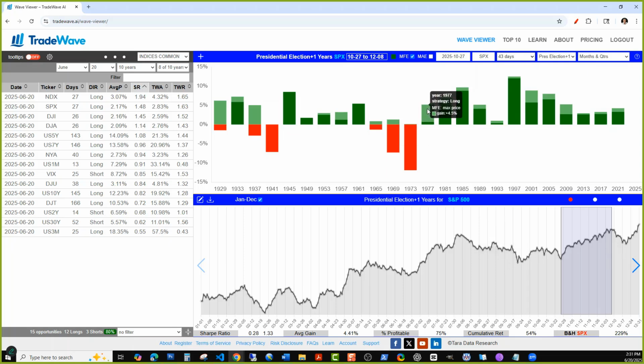It's been positive since 1977, for the date range of 27th of October to 8th of December. The last time this date range went down was 1973. So I consider it bullish starting October 27th, and it's actually pretty much the same if you go to the end of the year.